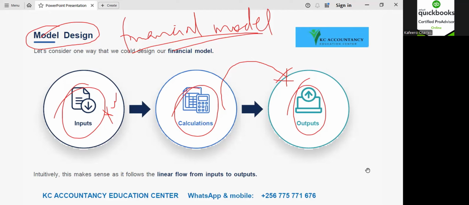And I hope this makes a lot of sense to you, because we start with the inputs, we make sure that we get the necessary computations, and it is through these computations that we get the outputs.